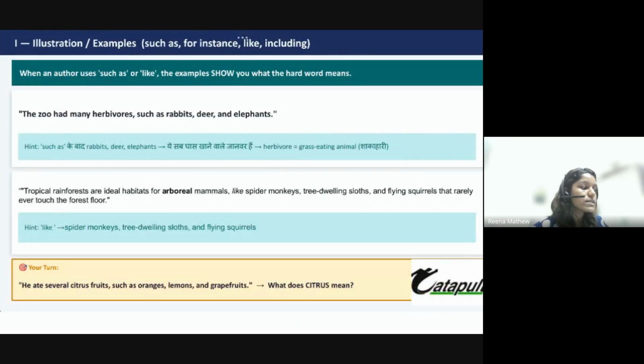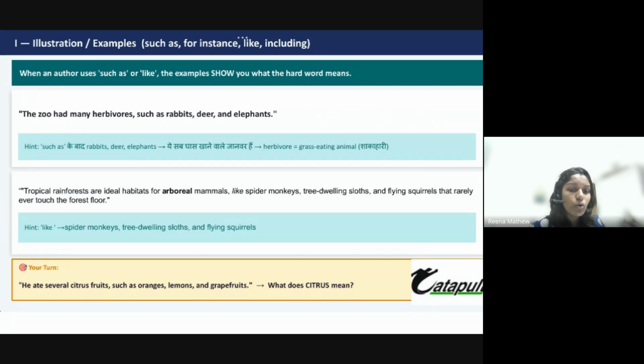Tropical rainforests are ideal habitats for arboreal mammals like spider monkeys, tree-dwelling sloths, and flying squirrels that rarely ever touch the forest floor. Okay, so how do you understand the meaning of this word?